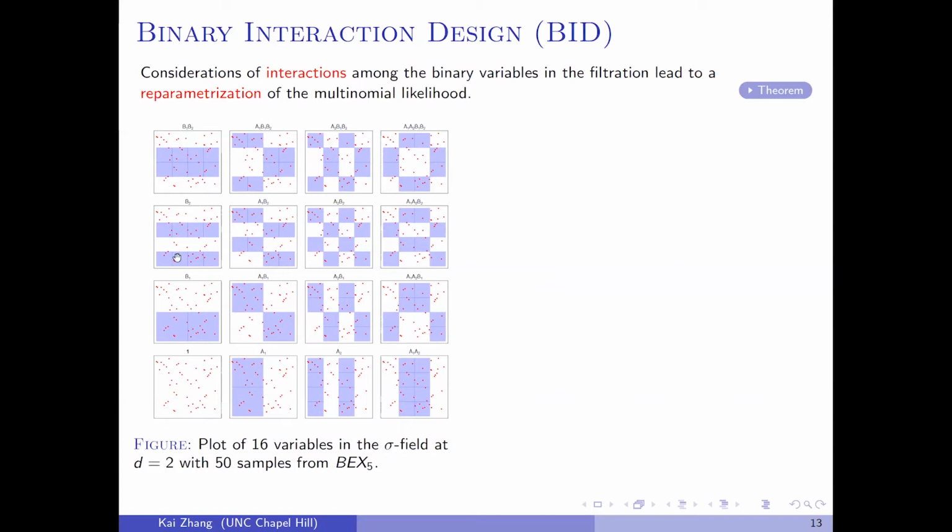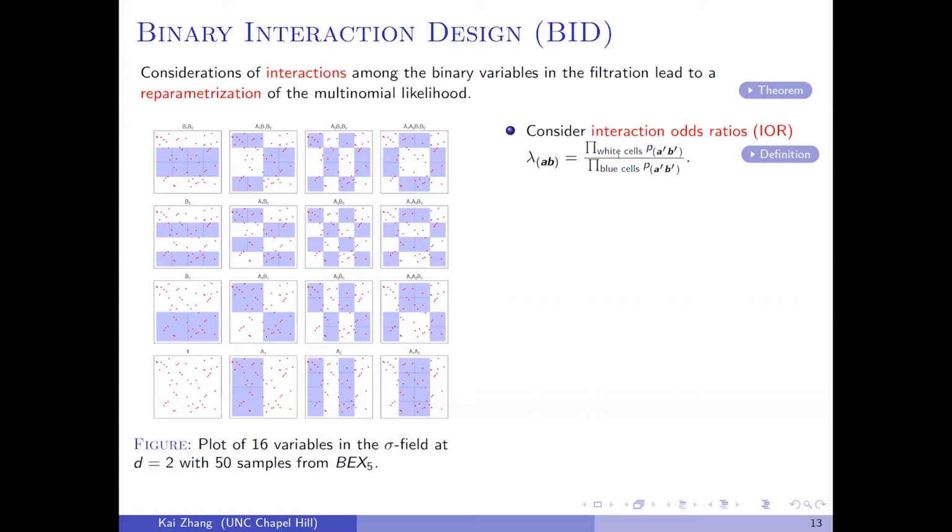Note that each interaction of binary variables will lead to a division of the unit square into a white region and a blue region of equal area. And the new parameter, the so-called interaction odds ratio, or IOR, is defined as the ratio of the product of white cell probabilities and that of the blue cell probabilities for each binary interaction.